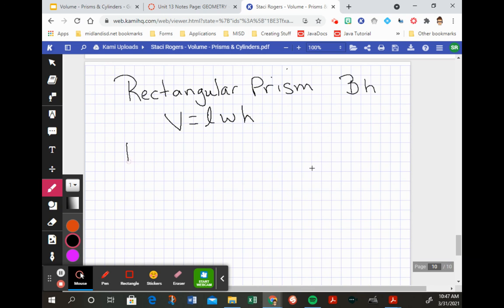For triangular prisms, it's V equals BH over 2 times height of the prism.